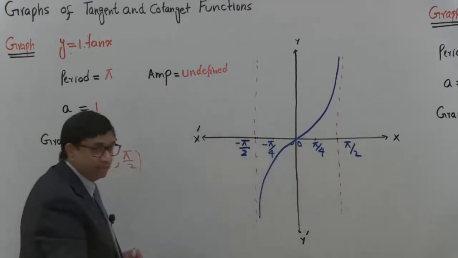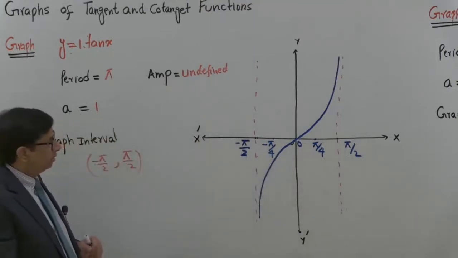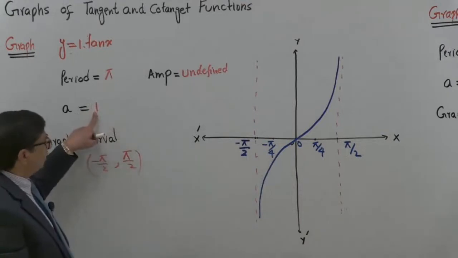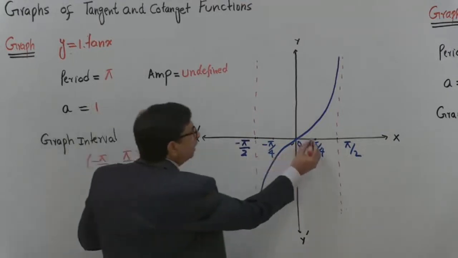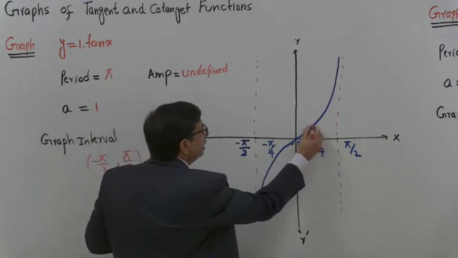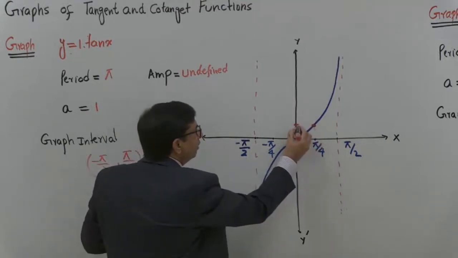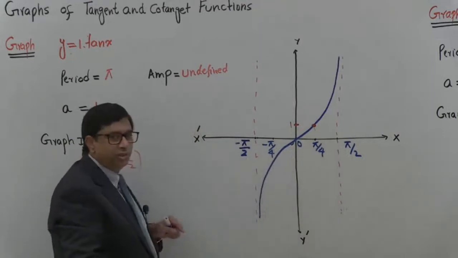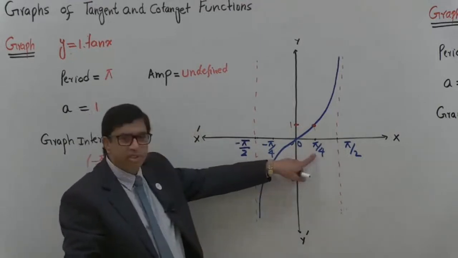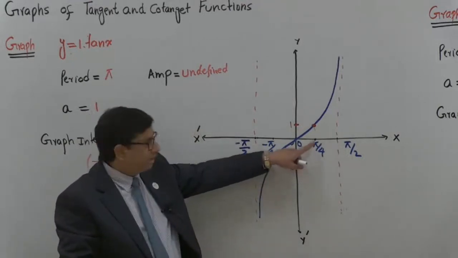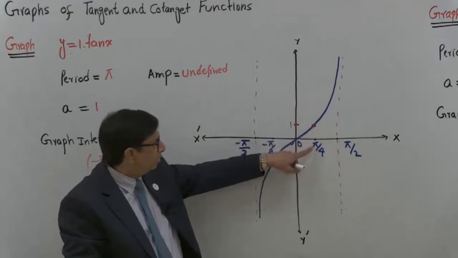Now look at here. What about this one? Go over here, this point, and take the corresponding value of y, this is 1. You can check, tangent pi over 4 is how much? 1. So tangent pi over 4 is 1, so this gives the value of y.